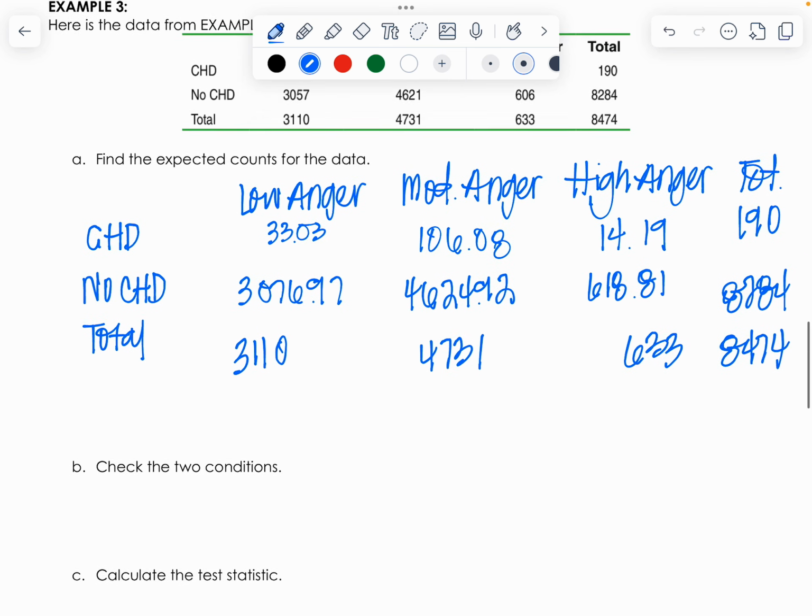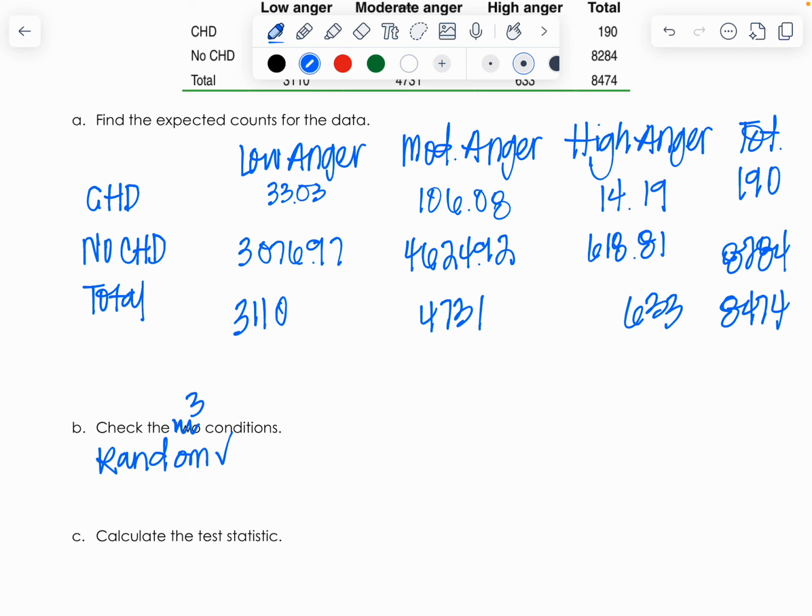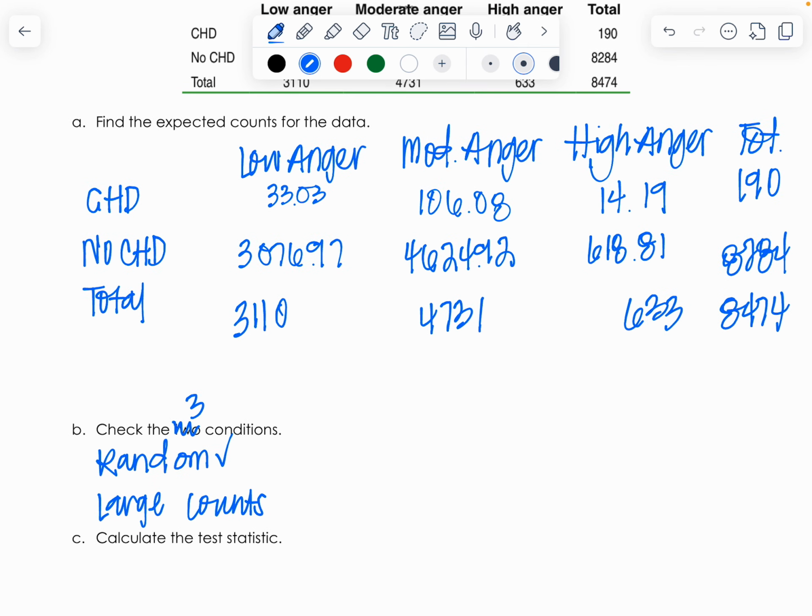All right, so now check the 3 conditions. So random, they did take a random sample, yes. Large counts, we can check that off because all expected counts are greater than or equal to 5.